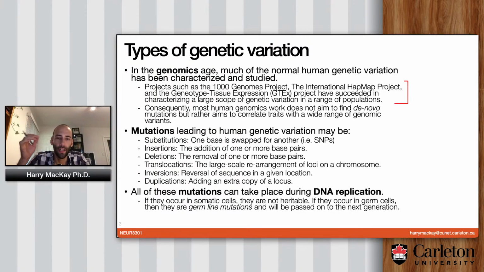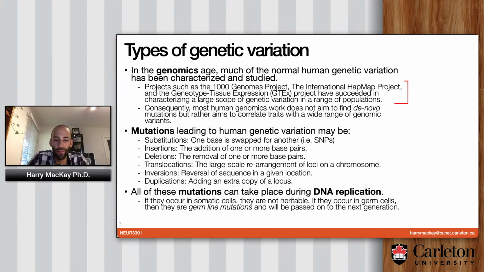So typically not trying to find de novo mutations, although that does go on, and we'll certainly learn about that too. The typical way that the genetics of mental health and most common diseases are studied is by trying to link normal human variation to the conditions and see if certain variants cluster with those conditions.